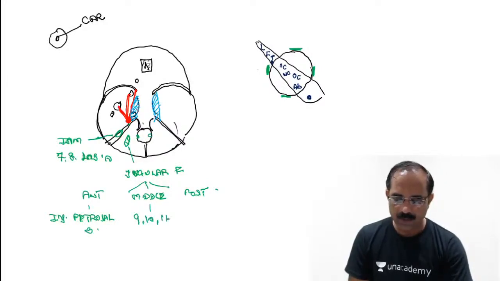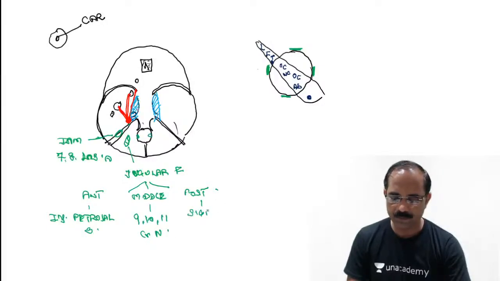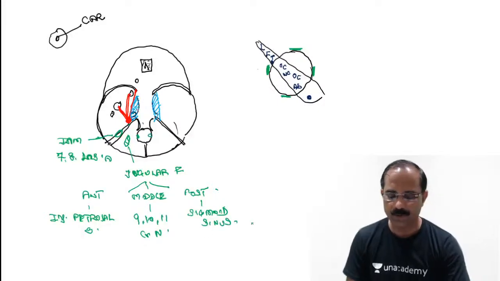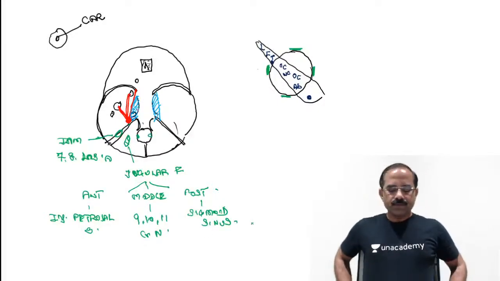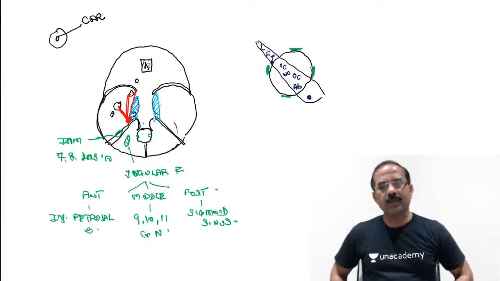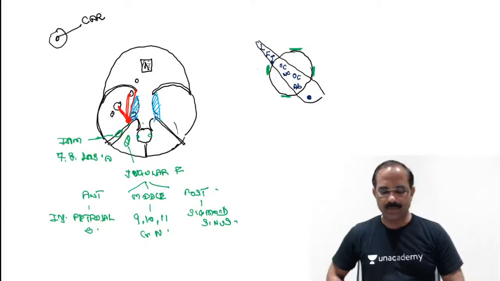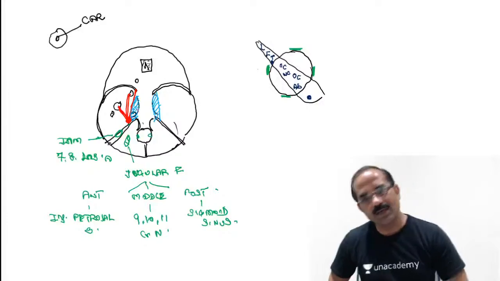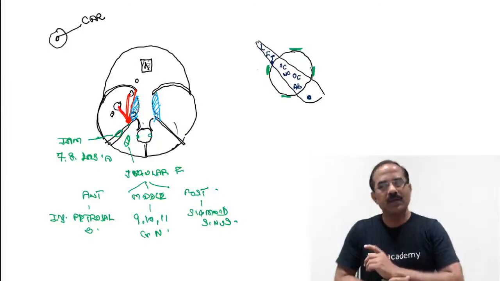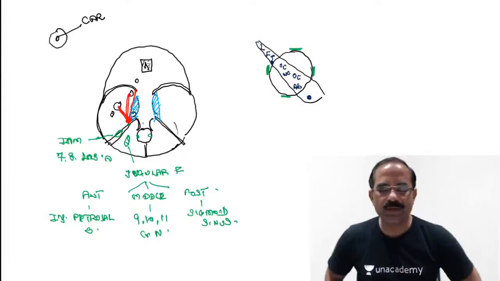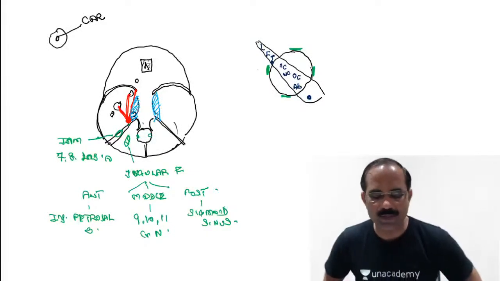The middle compartment has the 9th, 10th, and 11th cranial nerves, and the posterior compartment has the sigmoid sinus.